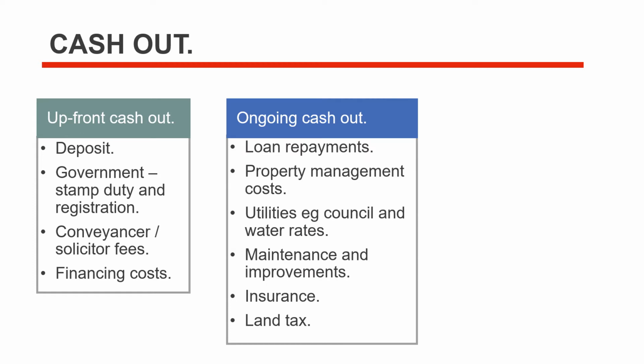Once we've established the investment, there will be some ongoing costs. These include things like your loan repayments and interest, property management costs if you have the property managed by an agent, your council rates and utilities such as water, repairs and maintenance, and it's important to insure the property too, not just for loss or damage to the property, but for loss of income as well. Now, depending on the ownership structure and the value of the property, you may also incur land tax along the way.